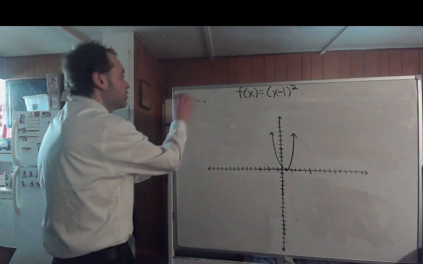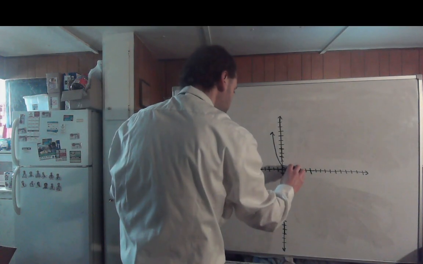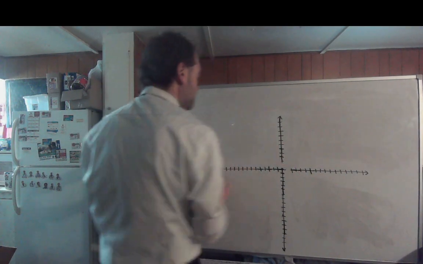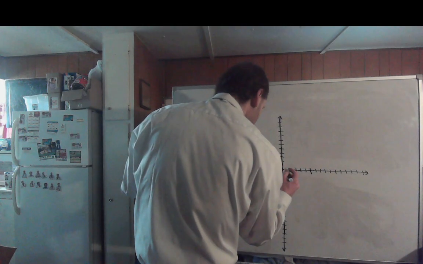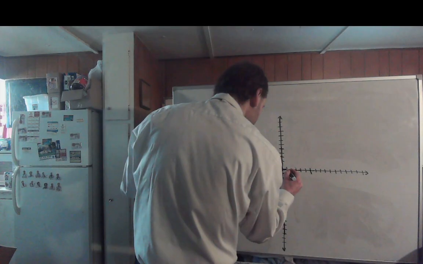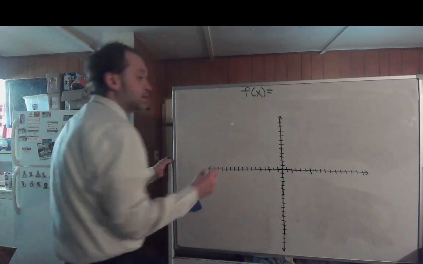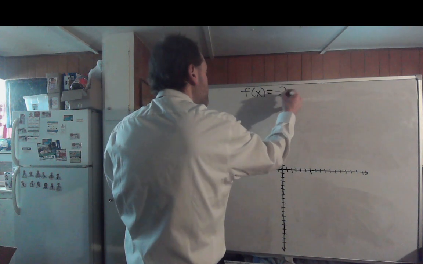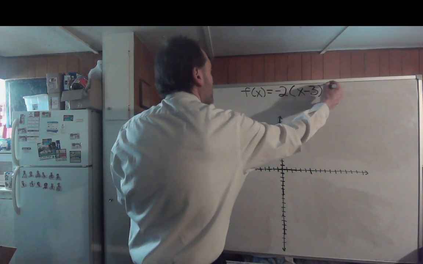I've got just one more example and we're done for the day. Let's say I had f of x equals -2 times x minus 3 squared.